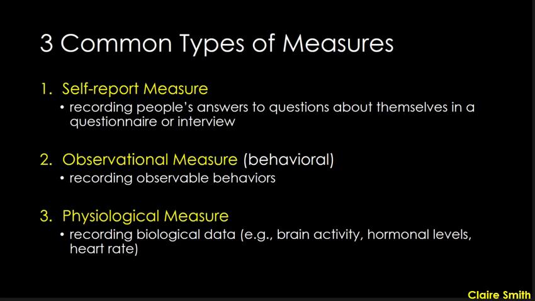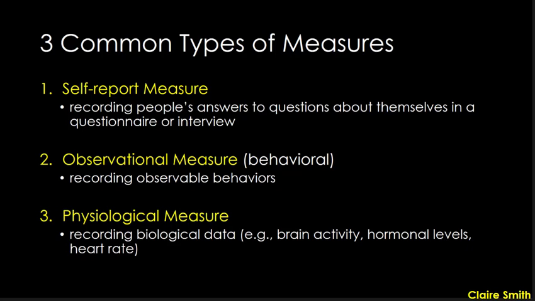Second type of way you can measure something is an observational measure, also known as a behavioral measure. So that would be like the example of being on a phone call and just listening to the voice and observing someone's voice and then basing your conclusion of what gender they are off of your observation. You could also do this by physically looking at someone, observing their appearance, how they dress, basing their gender off of that.